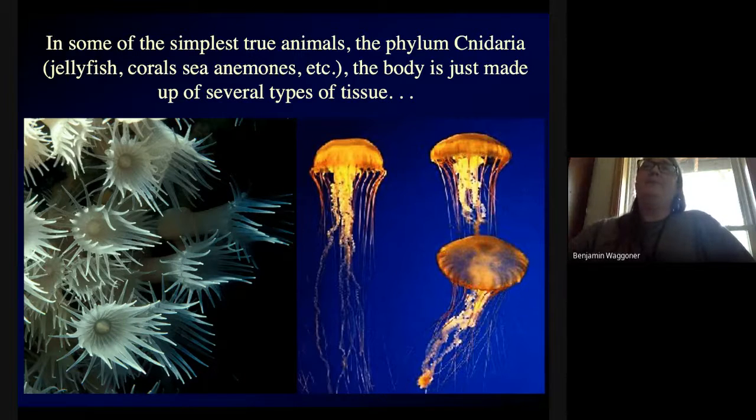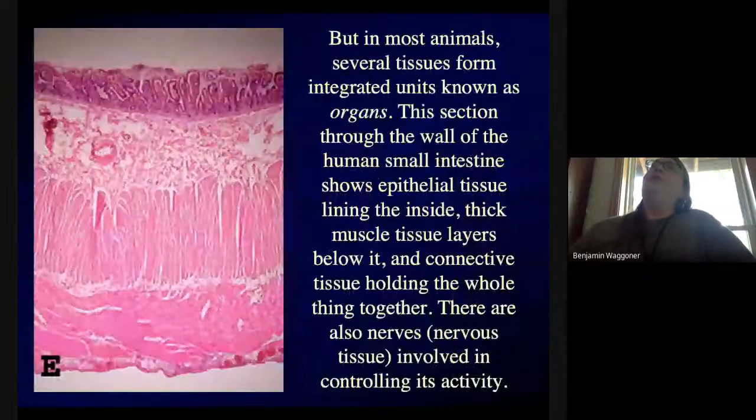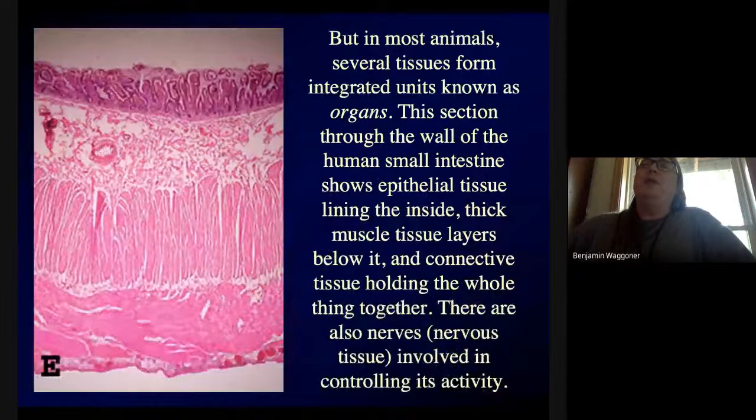But in most animals, you'll get several tissues that will form integrated units called organs. So what you're looking at is a slice through an organ. This happens to be the wall of the human small intestine. The inside of the intestine is up at the top of this picture.